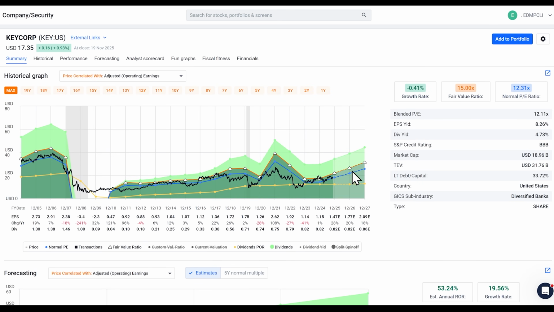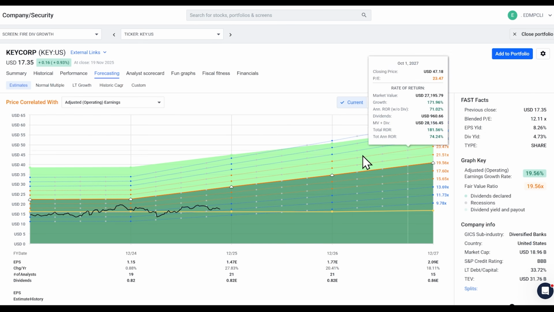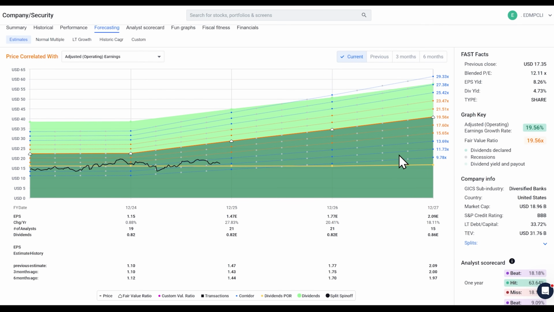I'll be looking at them and seeing what Fast Graphs reveals and then deciding whether or not I think a given stock meets the quality characteristics I want, plus the dividend growth, which is going to be based on the forecasting and the long-term total return that I'm going to be looking for.